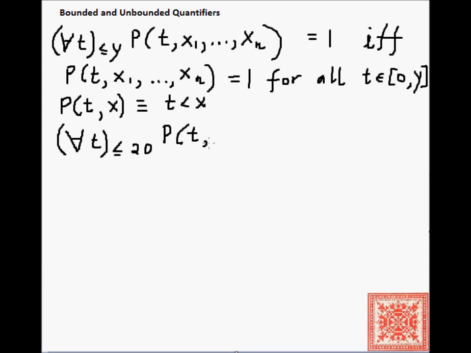So for all t less than or equal to 20, p(t, 21). That's going to be true because every t in that interval from 0 to 20 is going to be strictly less than 21.